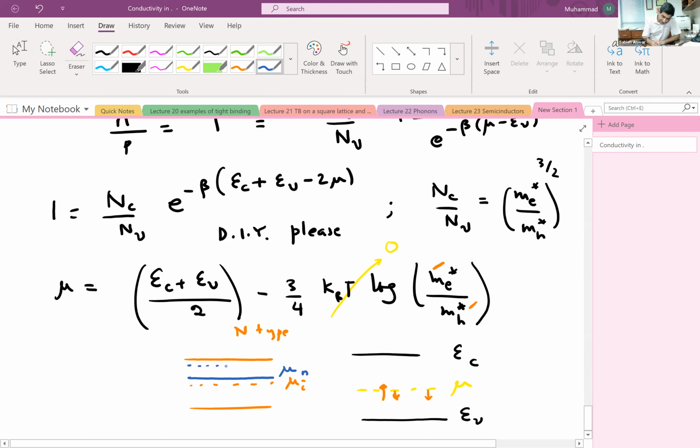And by the way, there are donor levels here, ED. For a P-type, the chemical potential goes slightly below the intrinsic level. Okay, and always remember, we have these acceptor levels here.